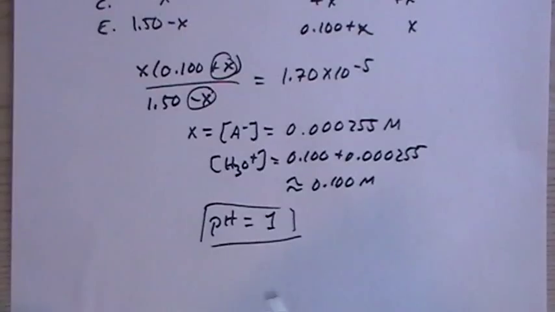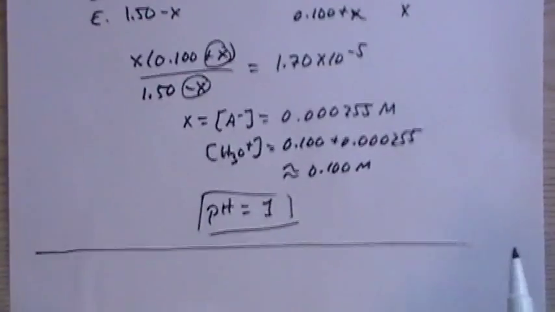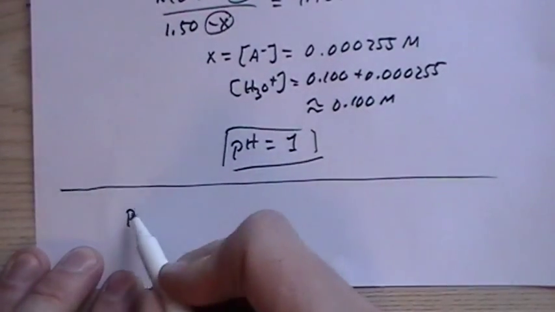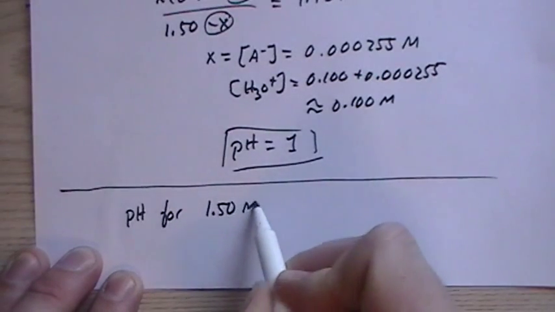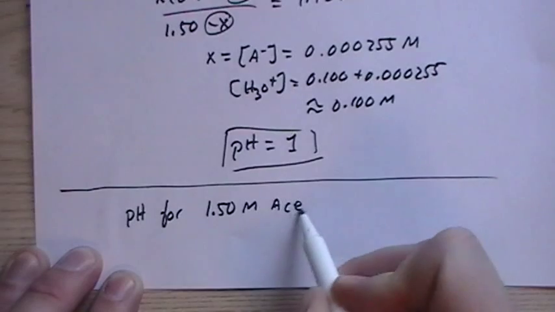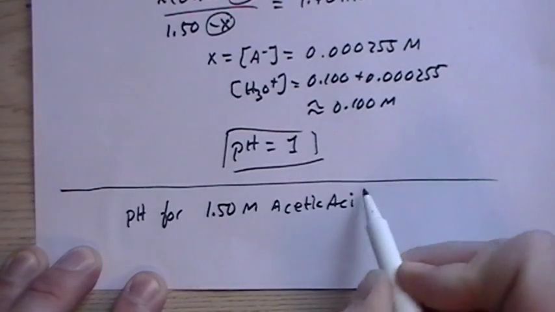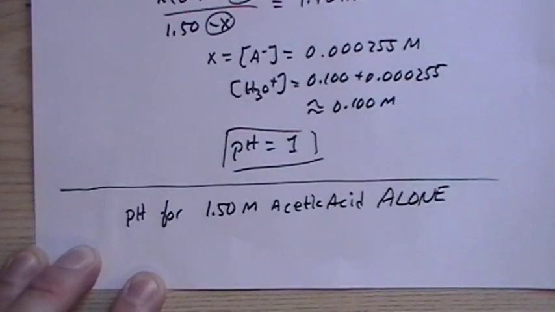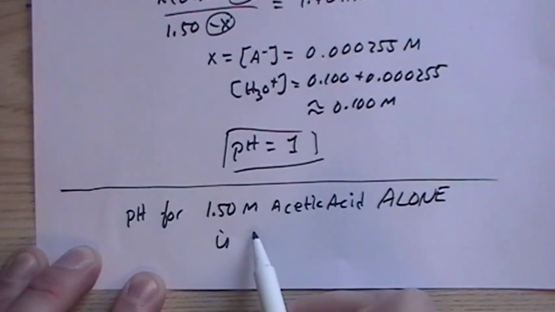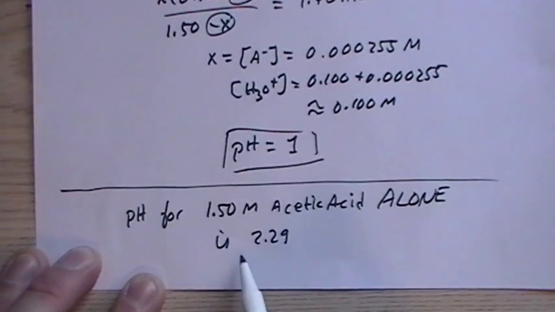And let me just draw a line here. The pH for 1.5 molar acetic acid alone, no H3O plus, no HCl in there, I did this out, it's 2.29.